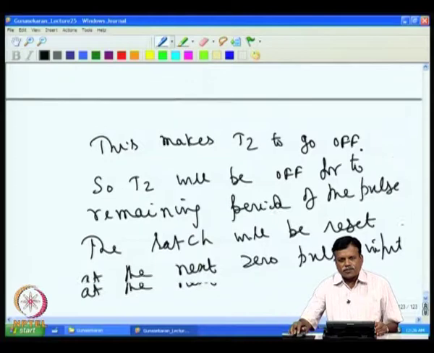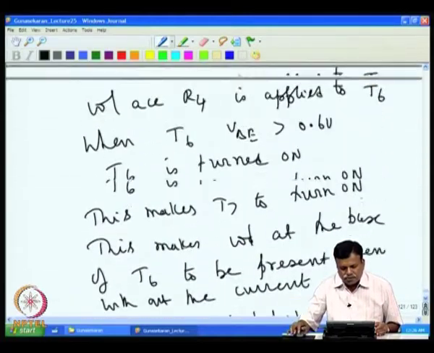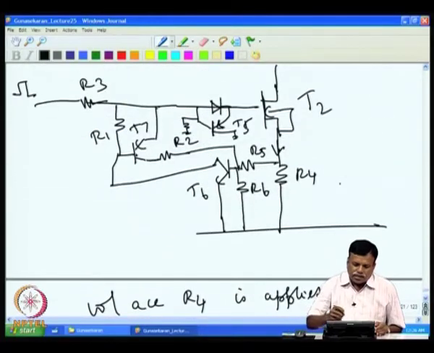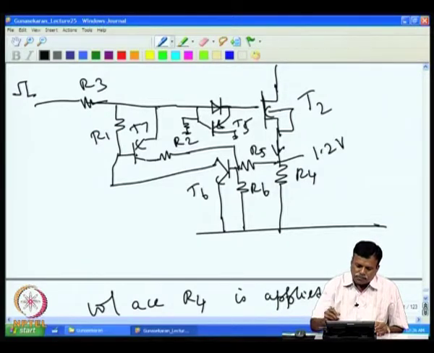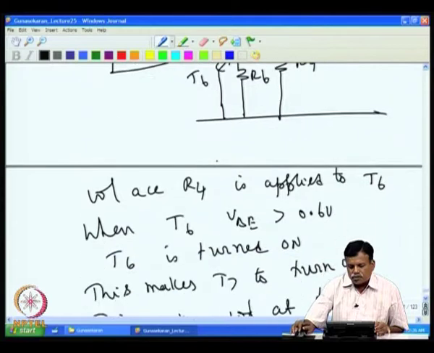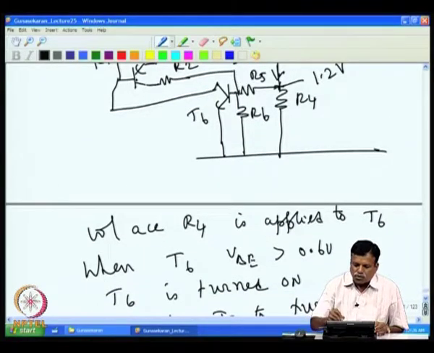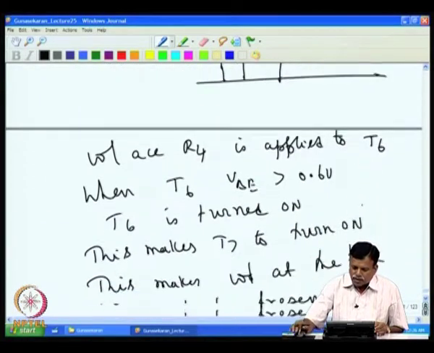Now, in this case, what is the drift? Because we have taken that 0.6, it will be reset. So, if I take for example, R5 and R6 equal, and assume this voltage is 1.2 volt, then the T6 base will be 0.6. That means the latching operation will be initiated at 1.2 volt. Suppose R4 is 1 ohm.